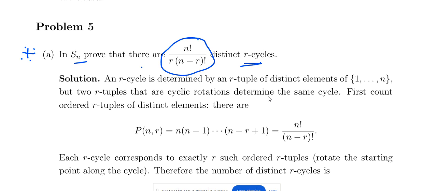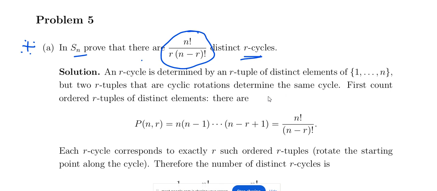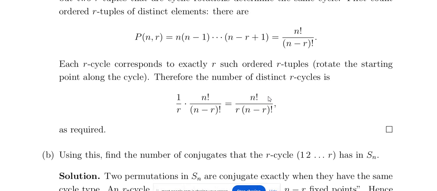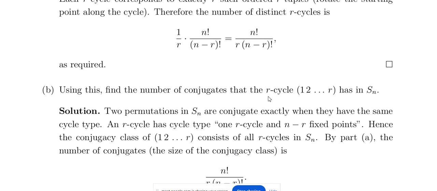Each r cycle corresponds to exactly r such ordered tuples, so the number of distinct r cycles is 1 by r times this, which equals the result. And the number of conjugates is another result.